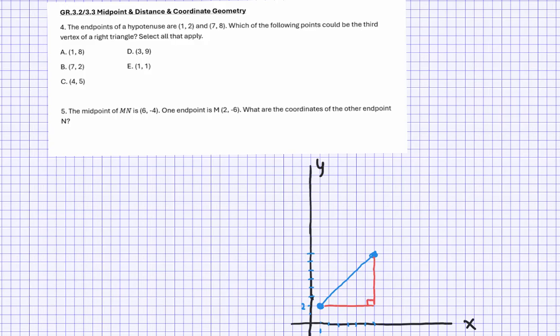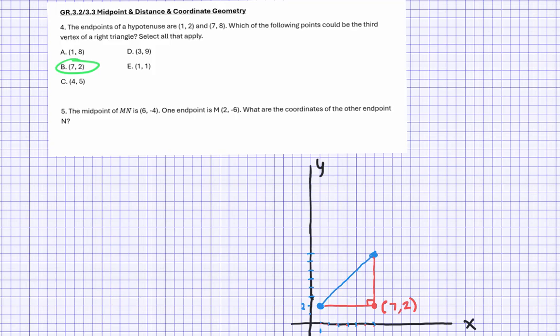It says, which of the following could be the third vertex, so the right angle of the triangle? Well, we found it. When I made that right triangle, I found that third vertex. And the coordinates for it on the x-axis are 1, 2, 3, 4, 5, 6, 7 for the x-coordinate, and then up 2, so 2 for the y-coordinate. So one possible answer is 7, 2.